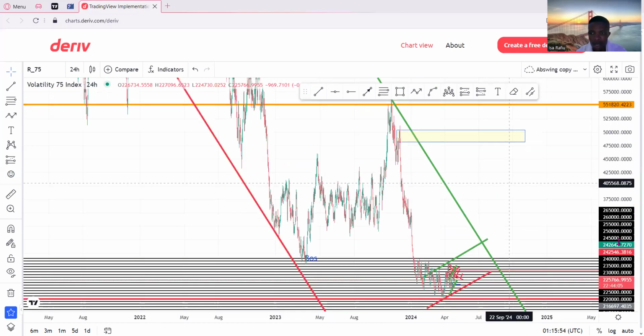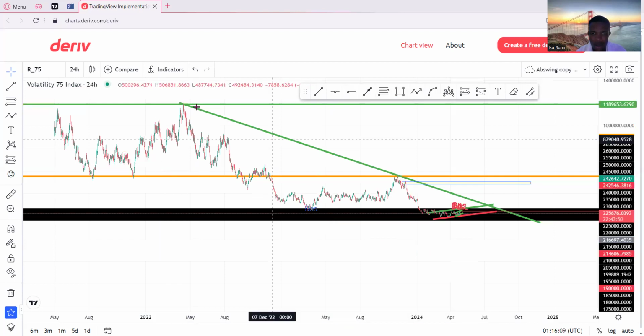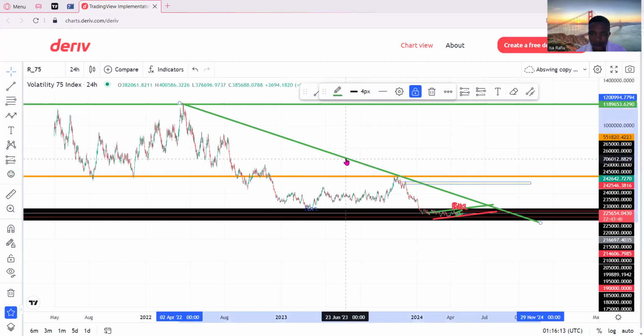You draw a trend line up to this. Then we finally turn this same trend line into a channel, like this example. Once you draw this and it's firm, don't change anything.